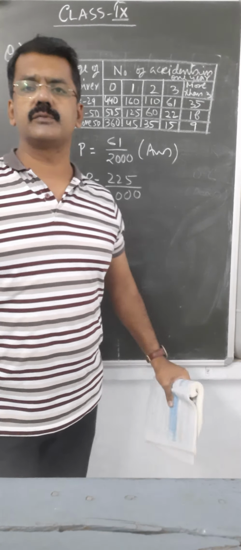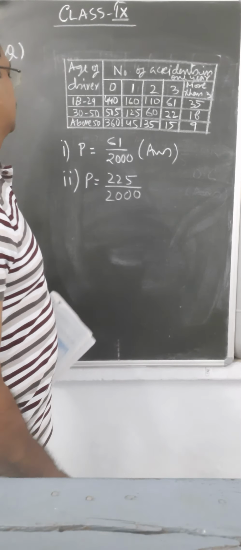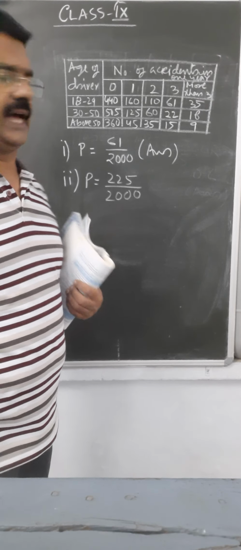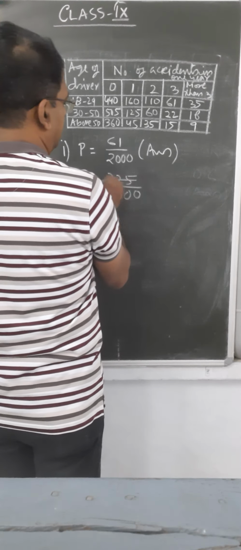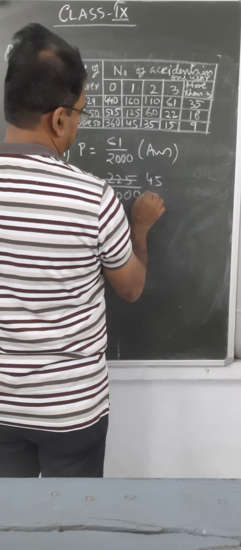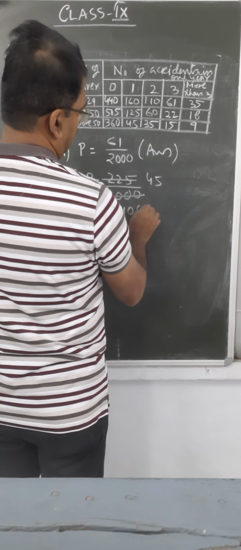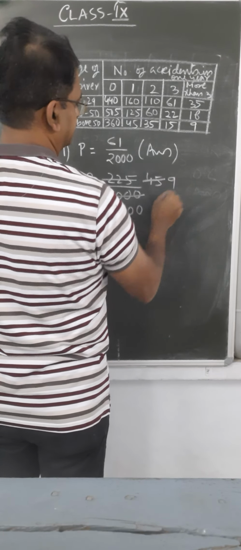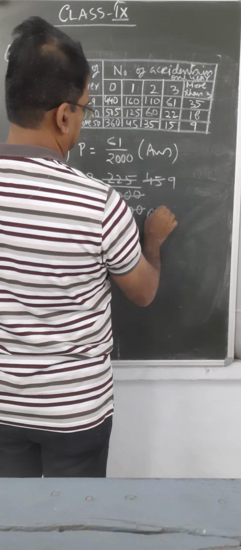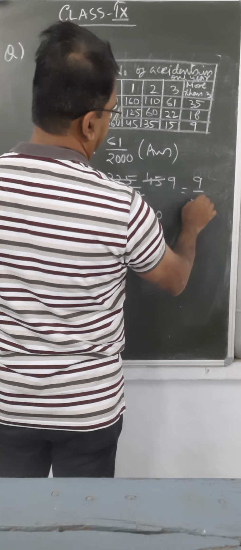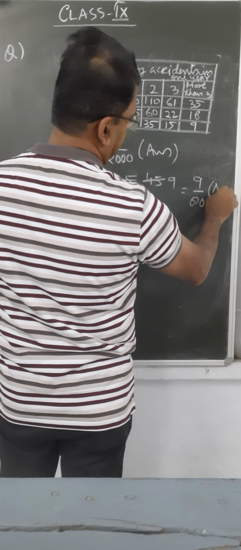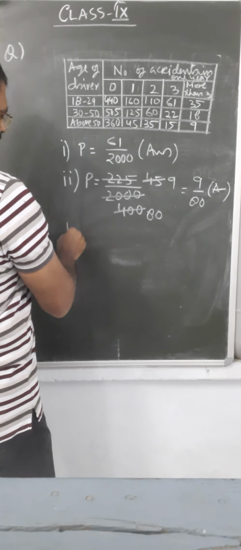So favorable outcomes 225 and the total outcomes will be 2000. First cancel it by 5, then again cancel it by 5. So 9 upon 80 is your answer.